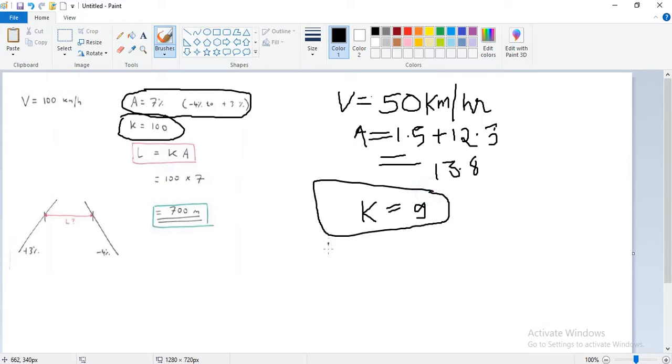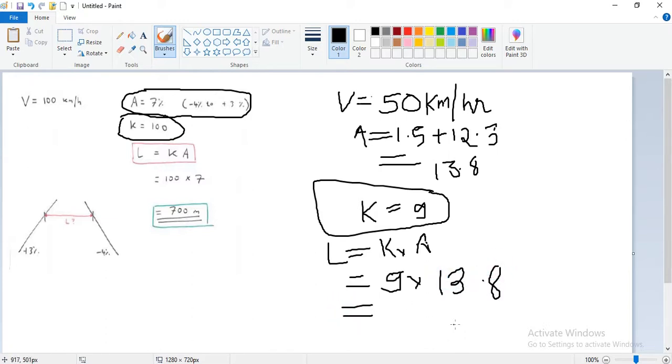Now we will find L is equal to K into A. K is 9 and A is 13.8, so just multiply both of them. 9 into 13.8 is 124.2.